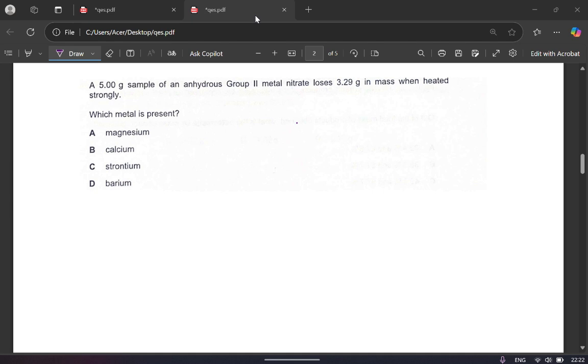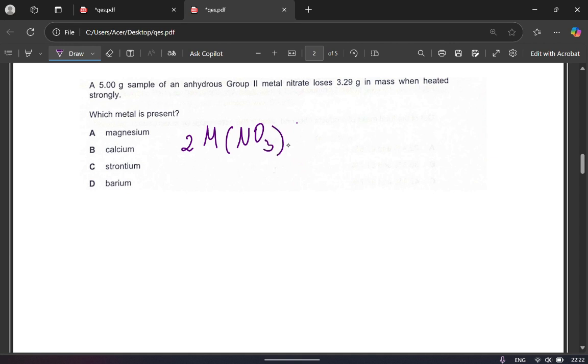Now let's look at another question related to calculations related to stoichiometry. A 5-gram sample of an anhydrous group 2 metal nitrate loses 3.29 grams in mass when heated strongly. Which metal is present? So again, the first thing we need to do is write a balanced equation.